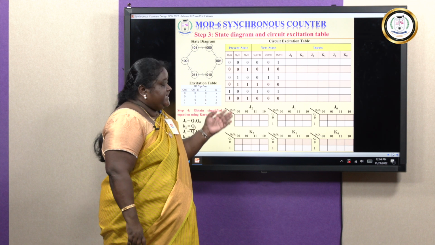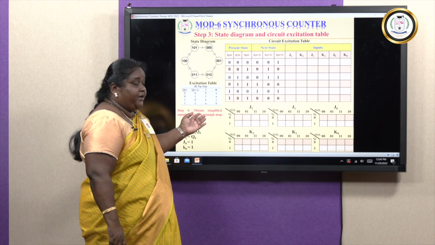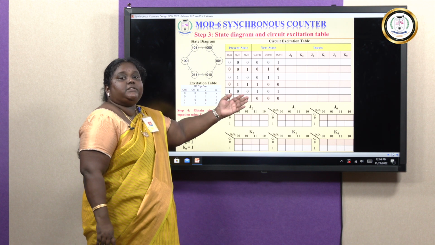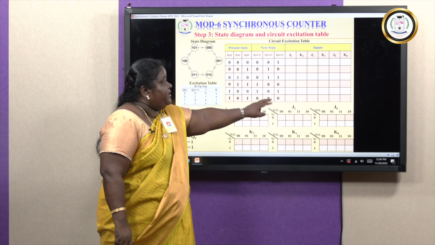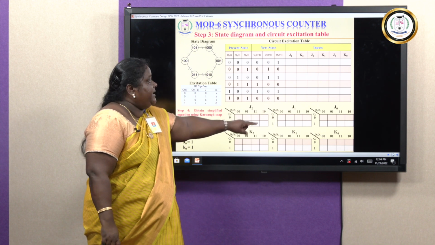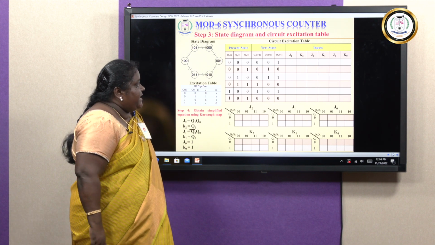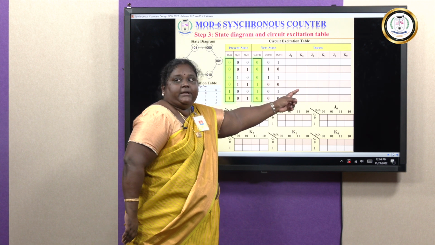Now, the next step, we have to look at the excitation table of the JK flip-flop and fill the corresponding input combinations for flip-flop 2, flip-flop 1 and flip-flop 0. Now let's get started. For example, with the help of Q2 of t and Q2 of t plus 1, we have to look into the excitation table and fill J2 and K2.